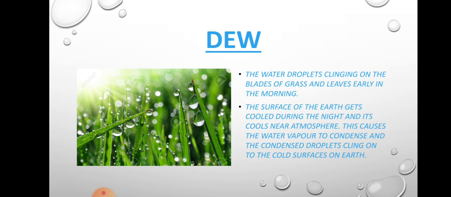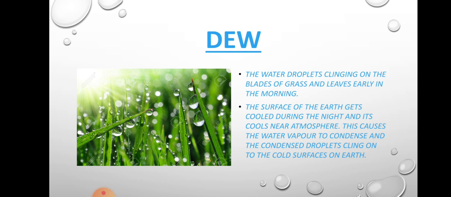How is it formed? The surface of the earth gets cooled during the night and it cools the near atmosphere. This causes the water vapor to condense. The condensed droplets cling on to the cold surface of the earth. That is, during the night time, the air comes into contact with the grass, and this atmosphere contains humidity, that is the water vapor.